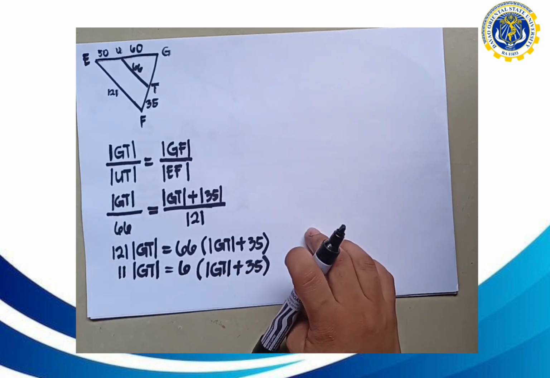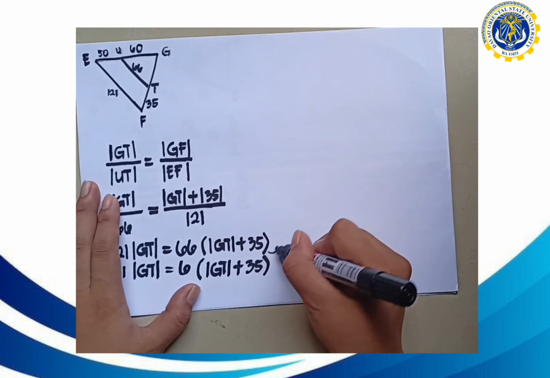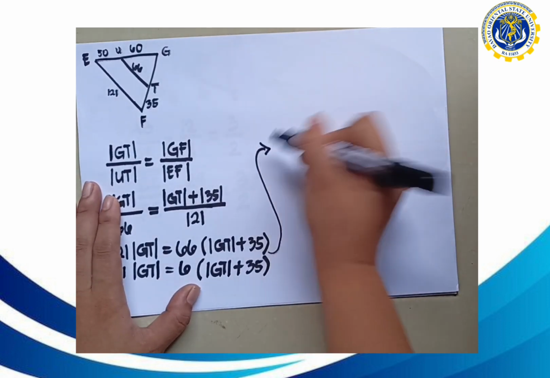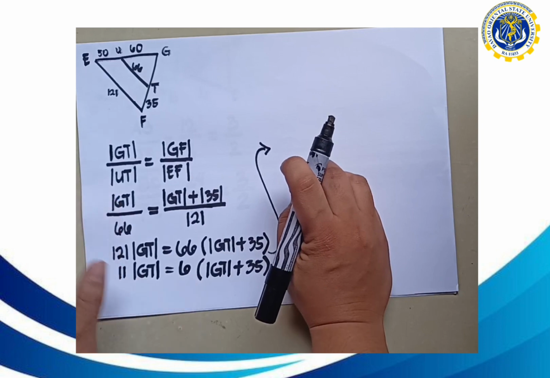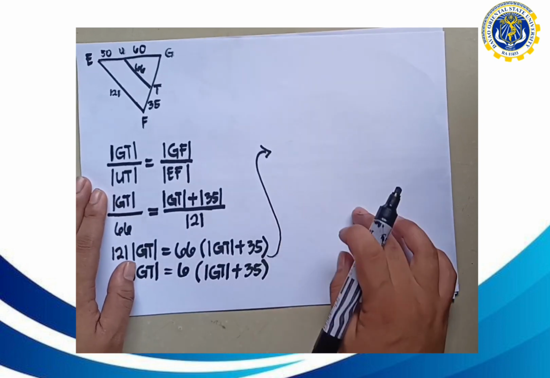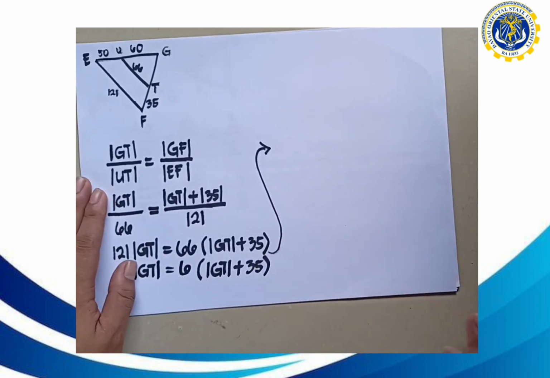The next step is to solve for the unknown GT and simplify.